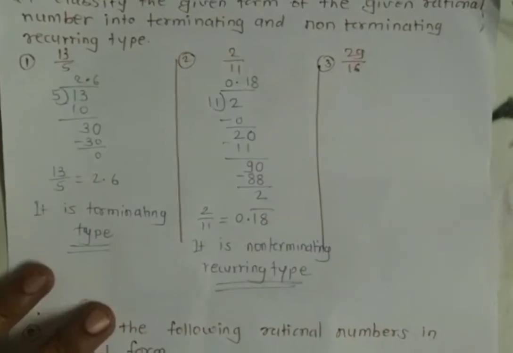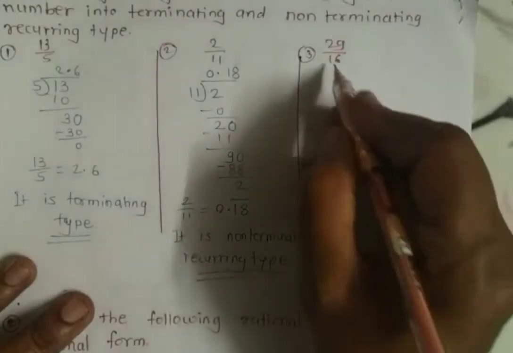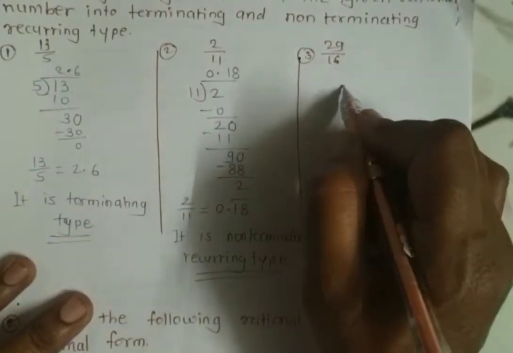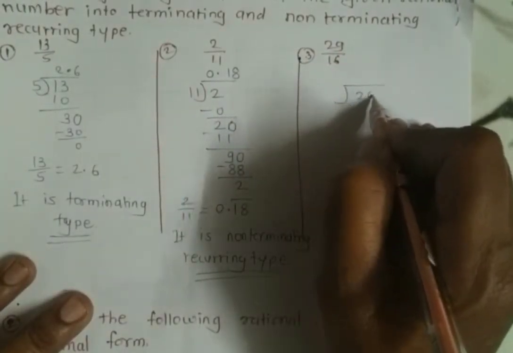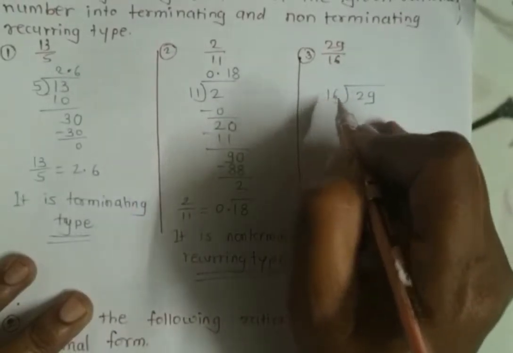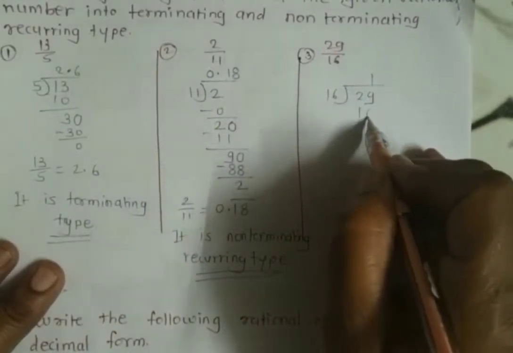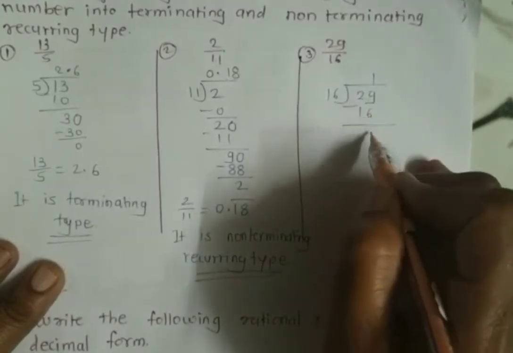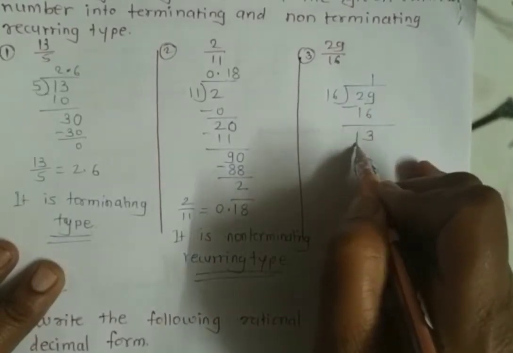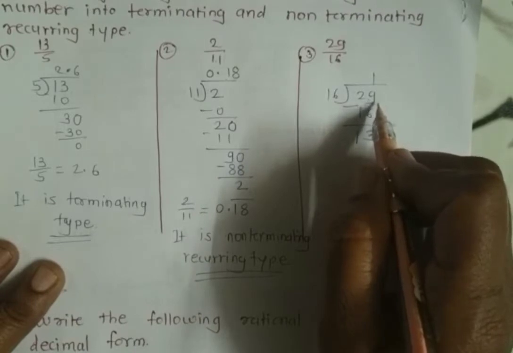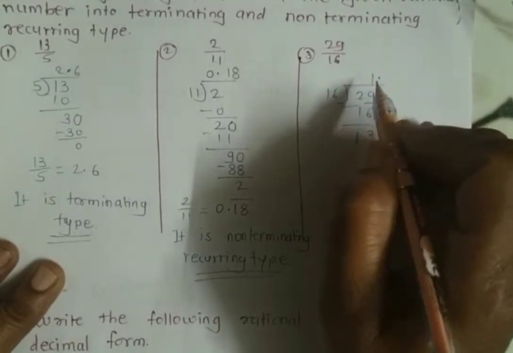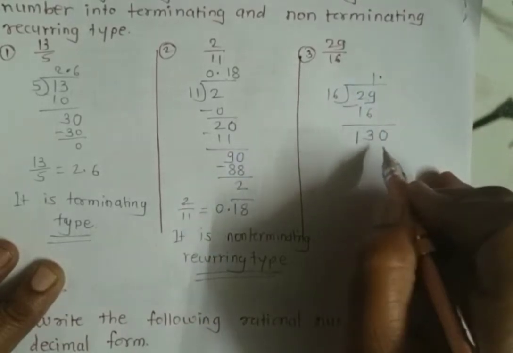Now we are going to solve the third example, 29 divided by 16. Numerator is 29 divided by 16. 16 ones are 16. 9 minus 6 is 3. 2 minus 1 is 1. There is no digit, that's why take a decimal point and a 0.